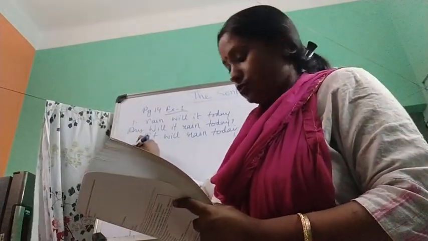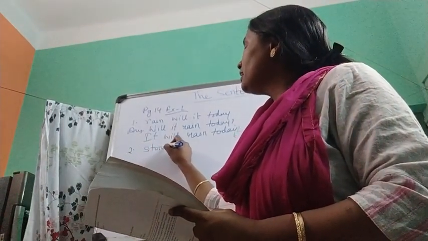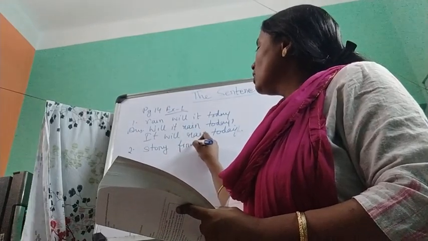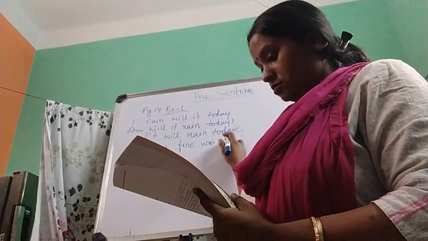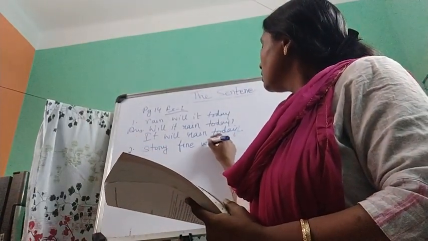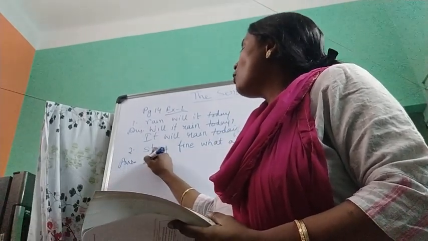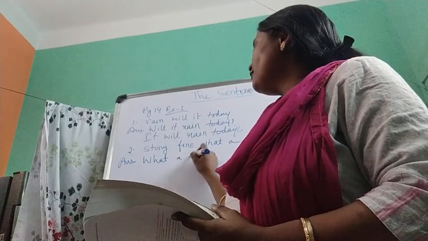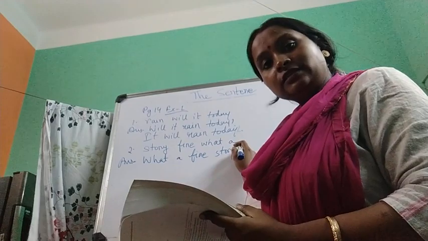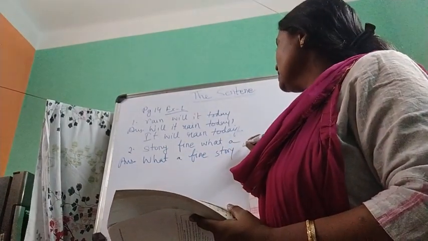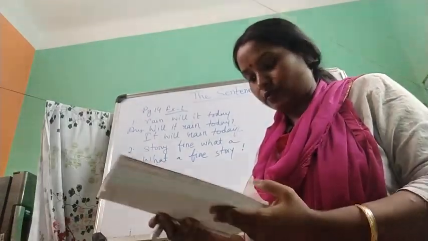Okay? Now, number 2, story find what a. How would you write this? What a fine story. Now, what kind of sentence is it? Exactly, right. It is an exclamatory sentence, so we would put here the mark of exclamation.